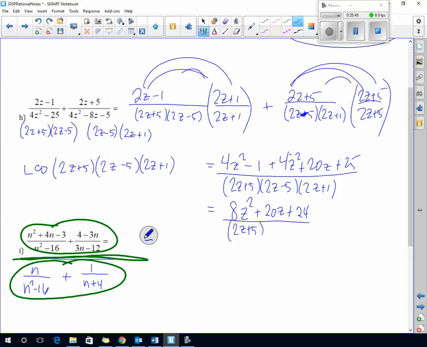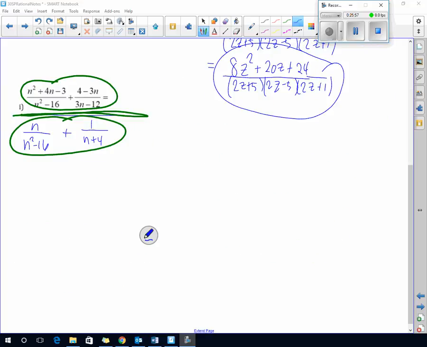Okay, I'm going to do top. No, you know what, that's not going to work, eh? Okay, so top is n squared plus 4n minus 3 over (n minus 4)(n plus 4), plus 4n minus 3 over 3n minus 4.